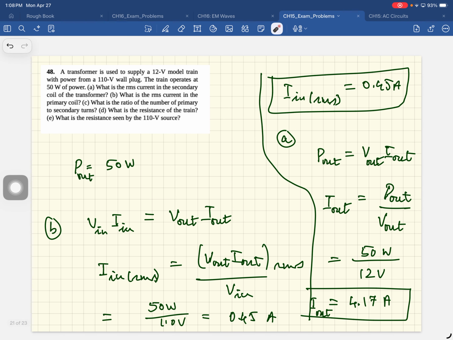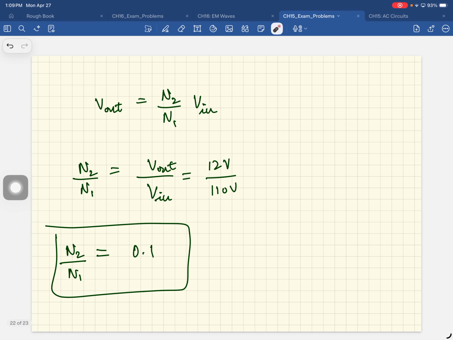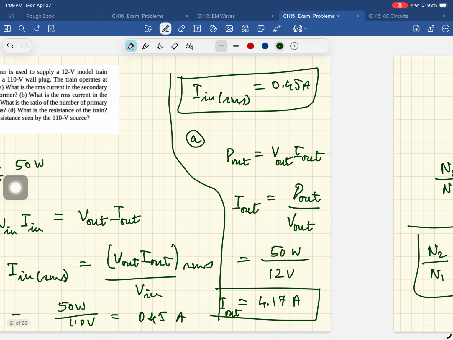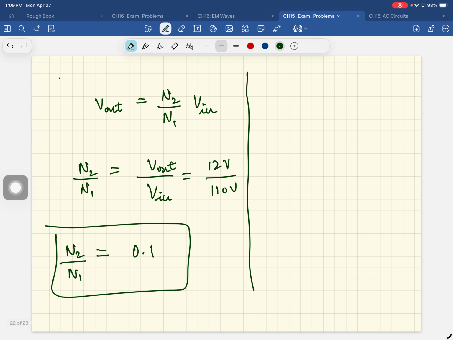And what is the resistance of the train? So power output is V out, I out.